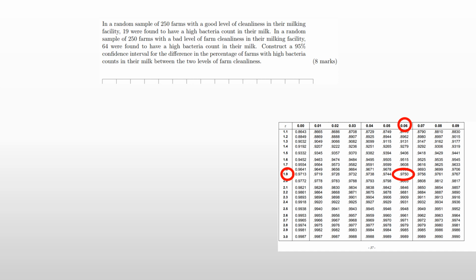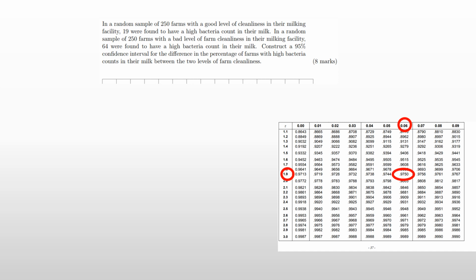And then in another random sample, again 250 farms with a bad level of cleanliness this time, 64 of them were found to have high bacteria count in their milk, right? Construct a 95% confidence interval for the difference in the percentage of farms with high bacteria count in their milk between the two levels of farm cleanliness, right?